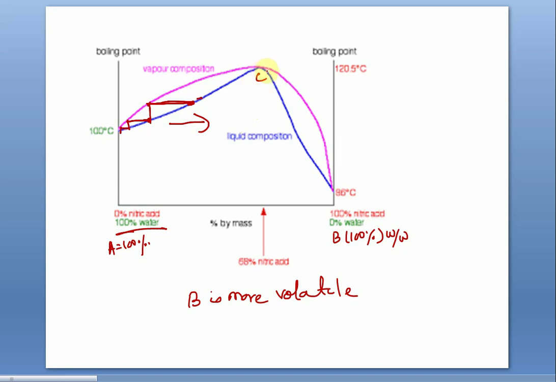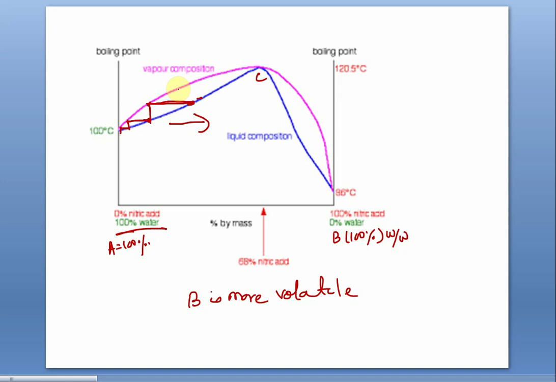When this composition comes, where Dalton and Raoult have shaken their hands, the composition of the liquid and vapor are the same. At that point, nothing will happen. You cannot enrich nitric acid percent by further distillation.